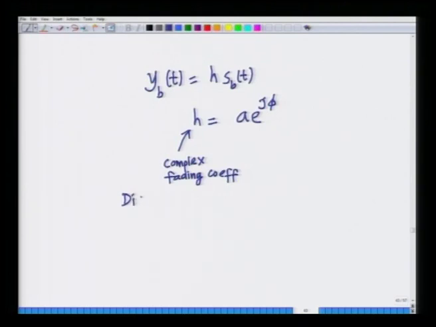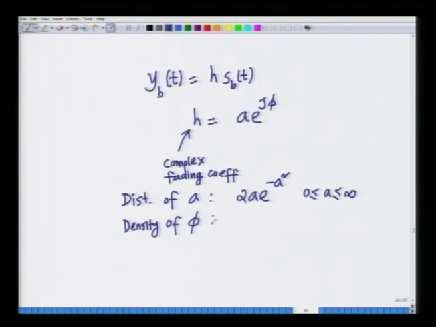The density of A is 2A e power minus a square, which is the Rayleigh density in the interval 0 less than or equal to a less than infinity, and the probability density of the phase phi is uniformly distributed, 1 over 2 pi, in minus pi less than or equal to phi less than or equal to pi.